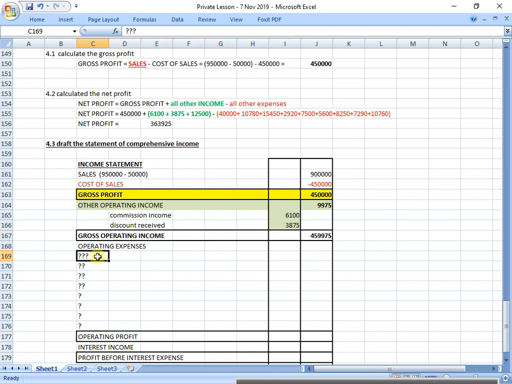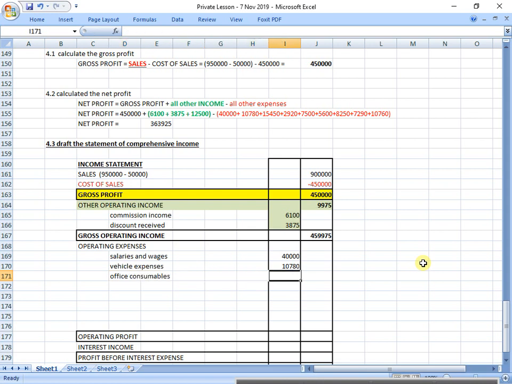Okay. Operating expenses. Give me the operating expenses. Salaries and wages. Yes. How much? 30,000. What else? Vehicle expenses. How much? 10,070. Okay, what else? Office consumables.